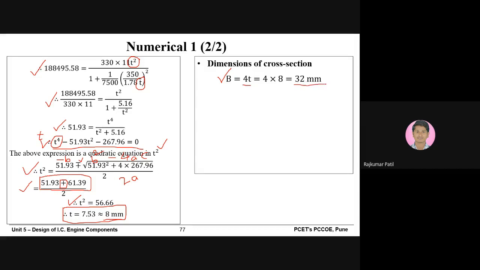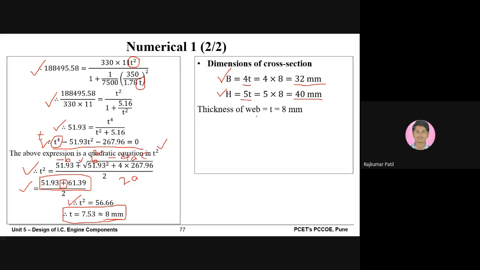The value of B is the same throughout the length of the connecting rod. At the middle section, the height will be 5 times T, which is 40 mm. This is the height at middle.